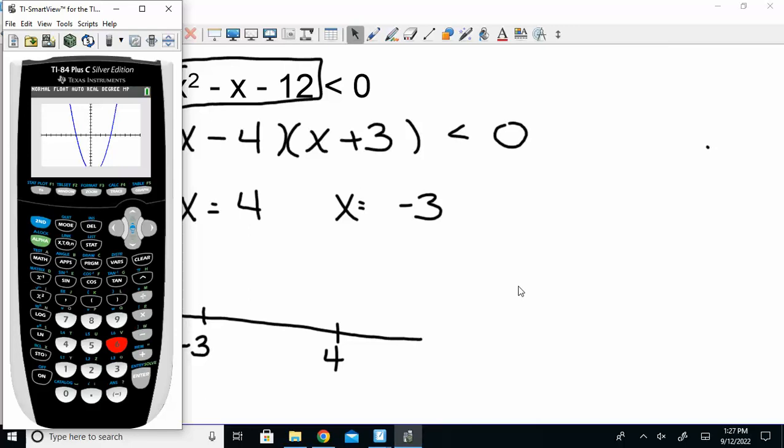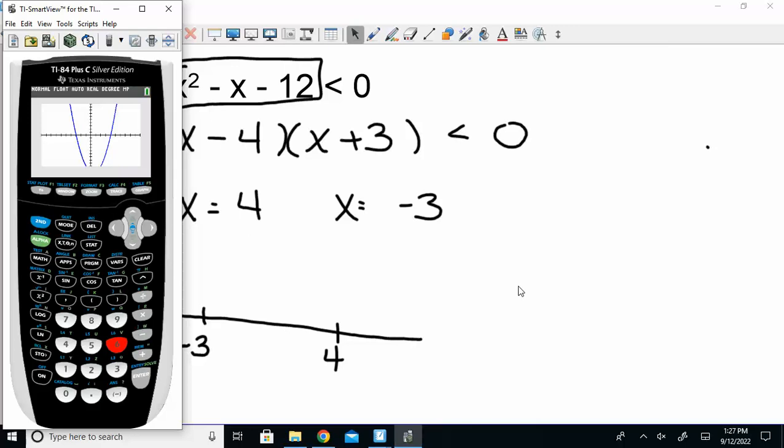Is everybody's calculator showing up normal now? So what we're trying to decide, we want to know when this is less than 0. Is less than 0 positive or negative?